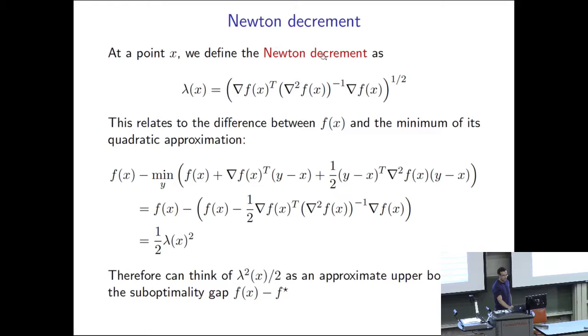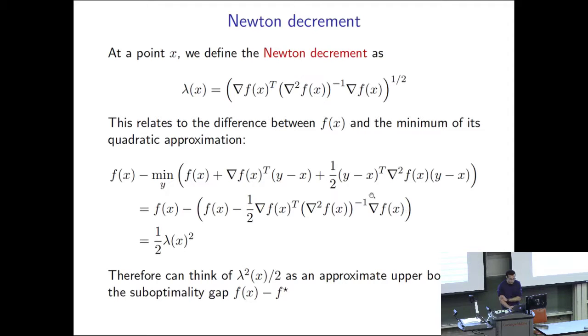So actually the Newton decrement is just the square root of this quantity. And you can think about it as motivated in a few ways. This slide motivates it in a slightly different way than the next slide. You can motivate it as the difference between f of x at my current iteration x and the minimum of the quadratic approximation I've made around x.